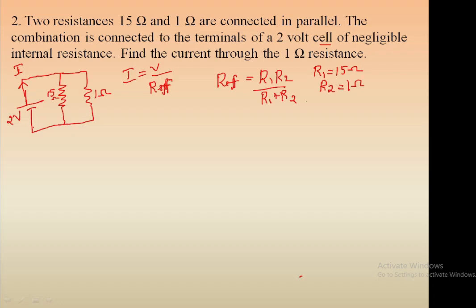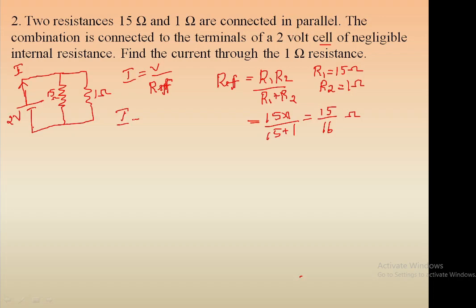Then R effective is equal to 15 into 1 divided by 15 plus 1, that is equal to 15 by 16 ohm.